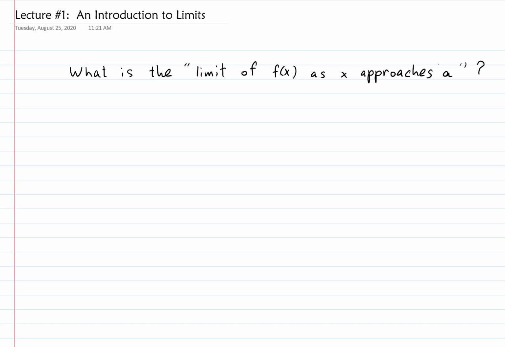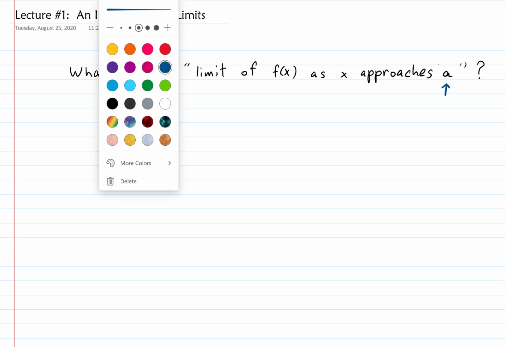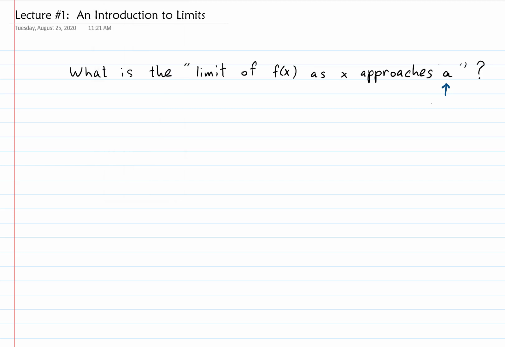Okay, and just so that you understand here, it says, what is the limit of f of x as x approaches a? You might say, as x approaches a what? No, that's not what I mean. I mean that a right here is a number. All right, and f is some function.